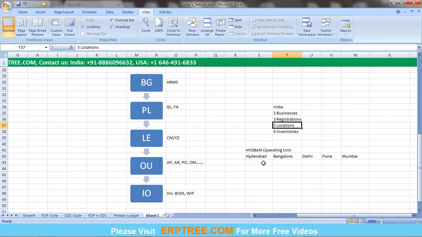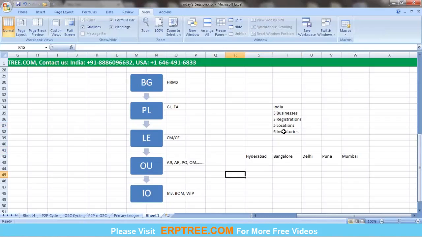But if they don't have any requirement of segregating the data and preparing reports separately, and if they don't need data security, they can go with one operating unit for 2 or multiple locations also. Done. That's all about operating units.